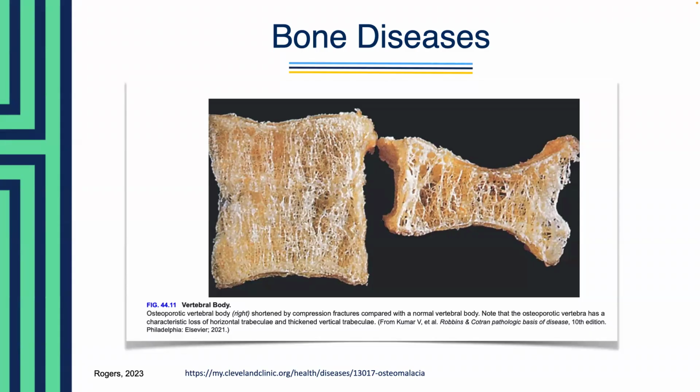And after menopause, the drop in estrogen levels leads to that imbalance, favoring increased bone reabsorption over bone formation, resulting in accelerated bone loss and osteoporosis. The decline in estrogen also increases oxidative stress and inflammatory cytokines like TNF-alpha, and further contributes to excessive osteoclast activation and bone reabsorption.